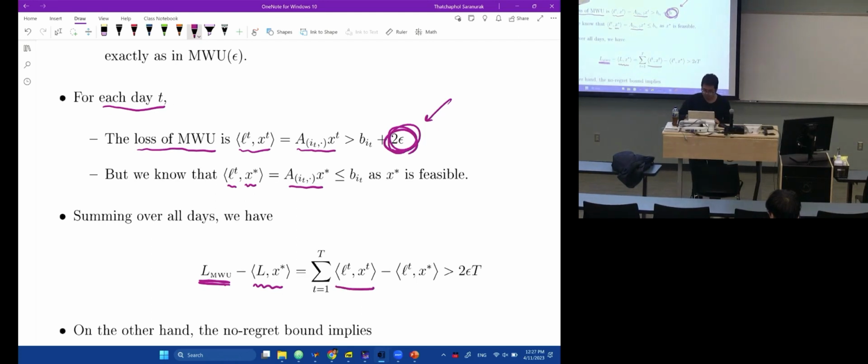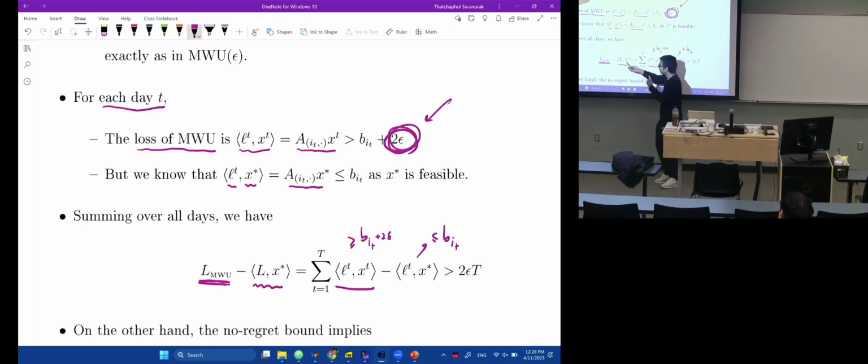This term is at least like a bit plus 2 epsilon, but this term is always at most bit. So on each day, your loss keeps getting bigger, like the regret keeps getting bigger.